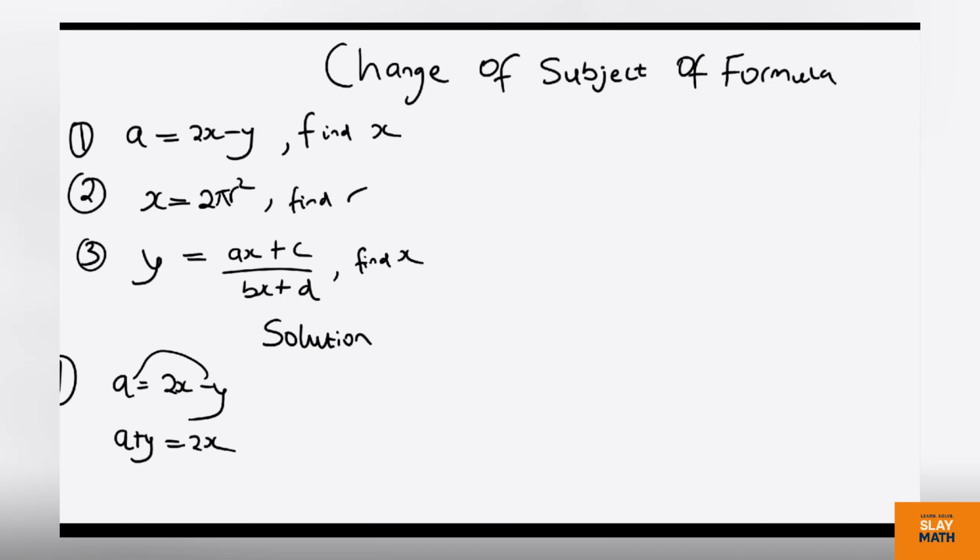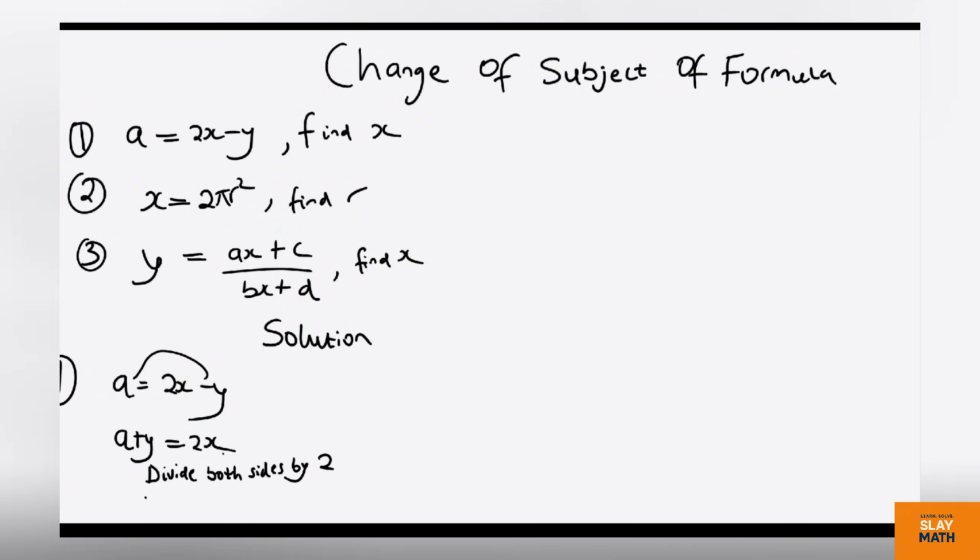We have 2x on its own, but we are actually trying to find x. So we divide both sides by 2.